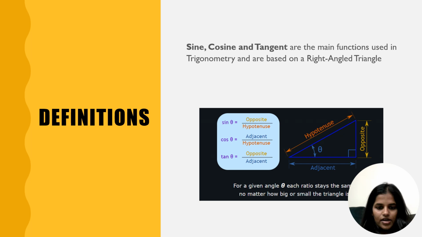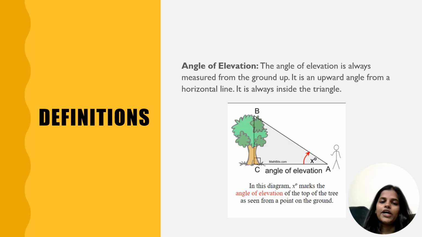Okay, and there are two more advanced definitions which I want you to be familiar with: angle of elevation and angle of depression. The angle of elevation is measured from a horizontal line up to a point above. For example, when you look up to the top of a building, the angle formed between your line of sight and the ground is the angle of elevation, which you can see in the picture also.